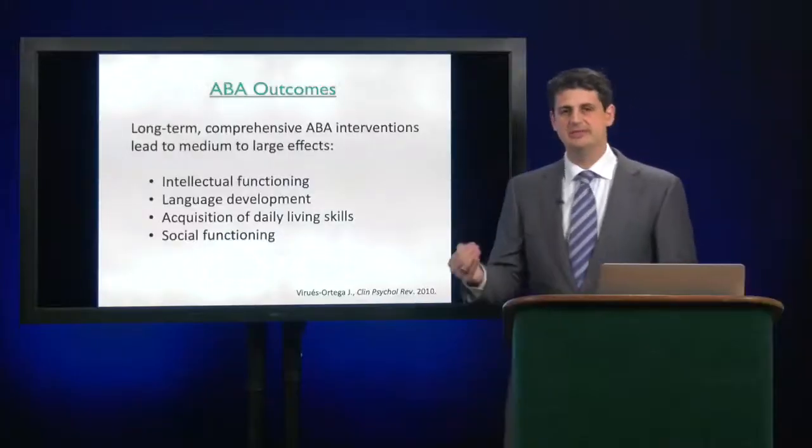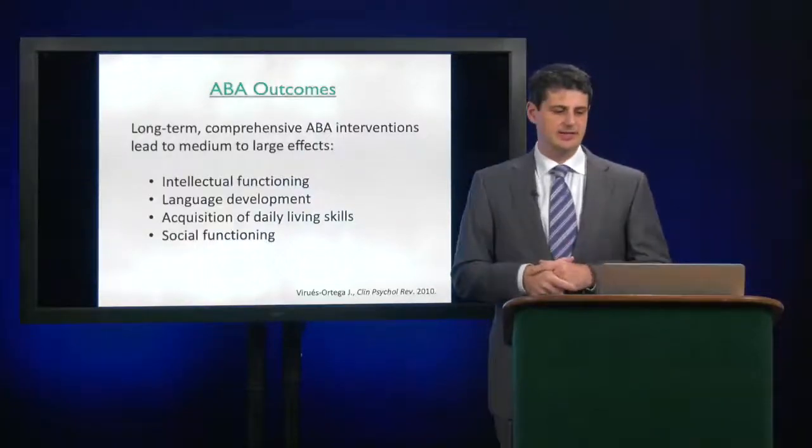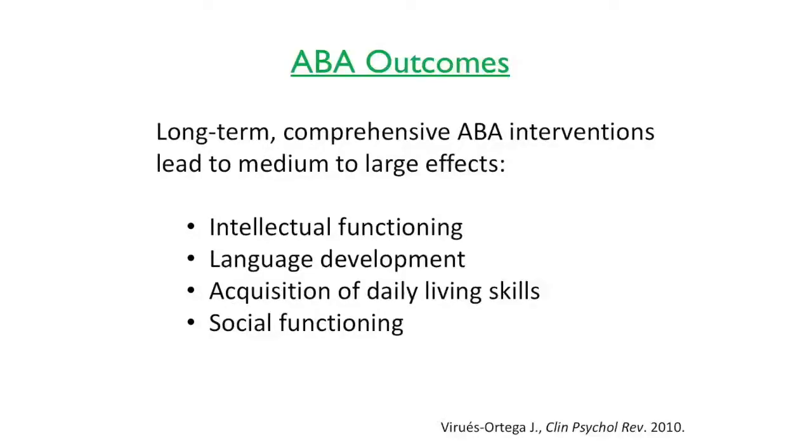Now I'll put the evidence up front that there is a medium to large effect size for ABA when used over the long term and in a comprehensive way. And it hits some of the targets that are very, very valuable in terms of long-term functioning. Dr. Maris has mentioned the importance of language development in long-term outcomes. Of course, intellectual functioning factors in significantly as well as daily living skills and social functioning.